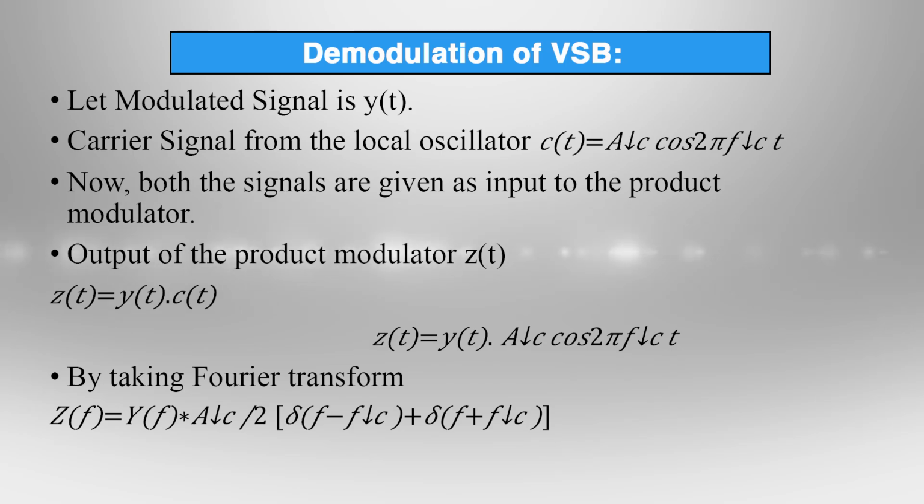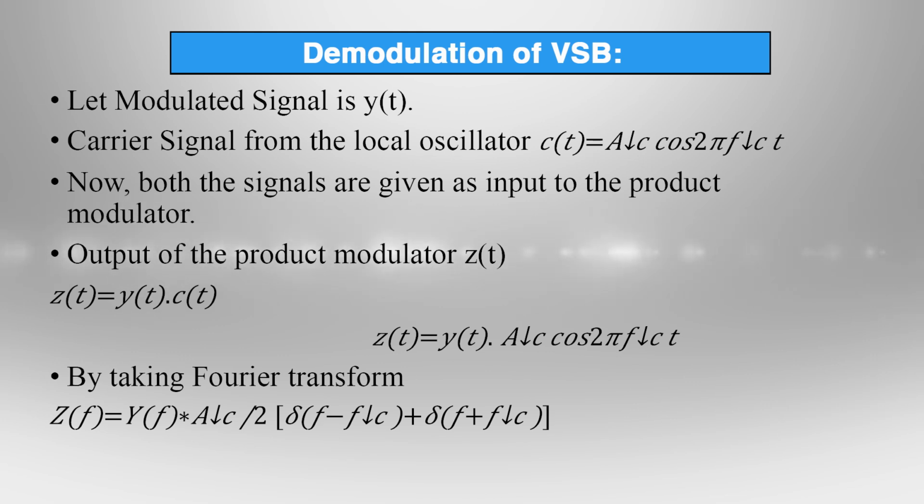By taking the Fourier transform of the above equation, it can be written as Z(f) equal to Y(f) convolved with Ac/2 times [δ(f − fc) + δ(f + fc)].